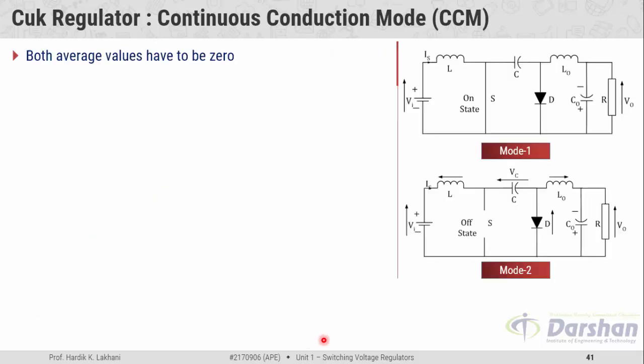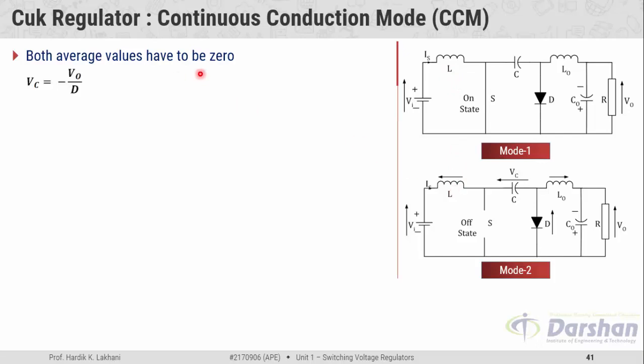Both average values have to be zero. The reason, as I said earlier, is that whatever energy is stored by the inductor during the first interval, the same amount of energy should be released by the inductor in the second interval. So the average value becomes 0.